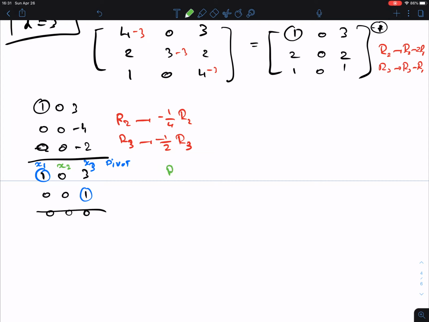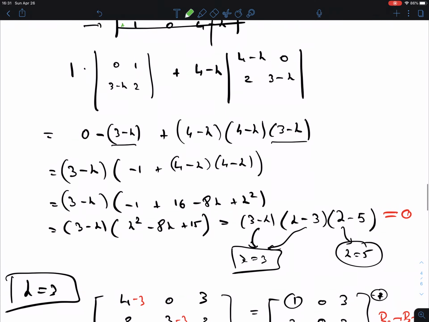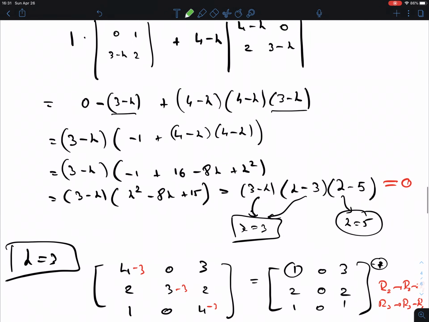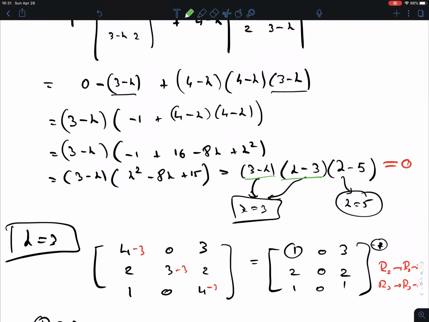So the dimension here, remember, the dimension is the number of basis elements, the size of a basis, is 1. But we need 2 because the eigenvalue was twice a root of the characteristic equation.